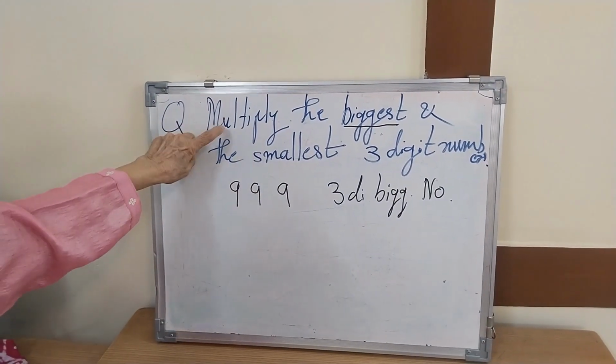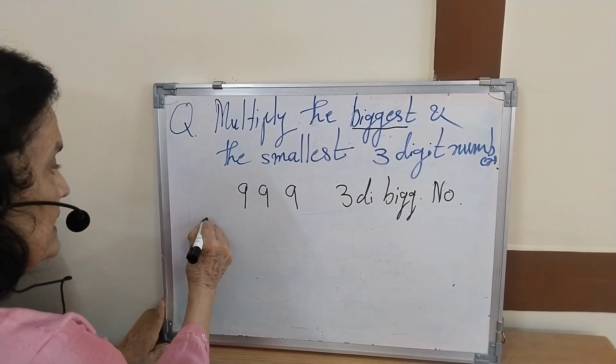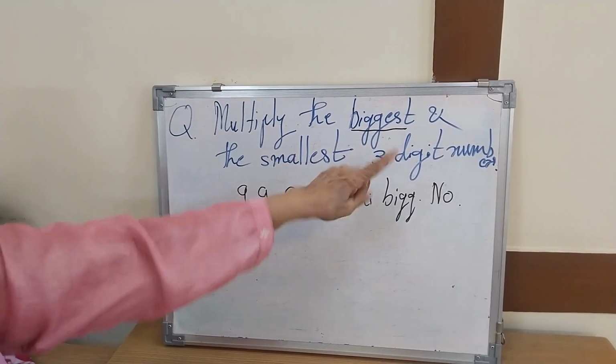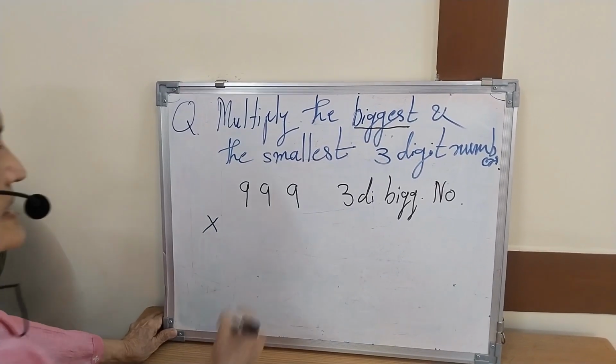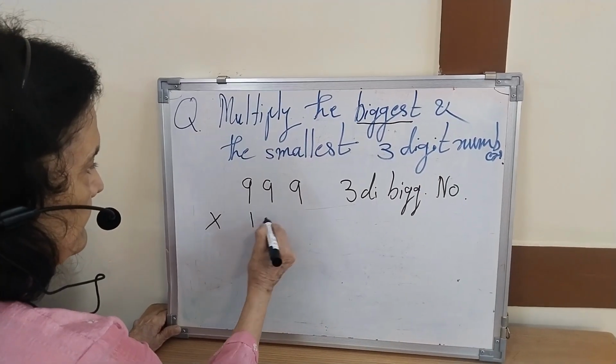Now we have to multiply it with the smallest three-digit number. The smallest three-digit number is 100.